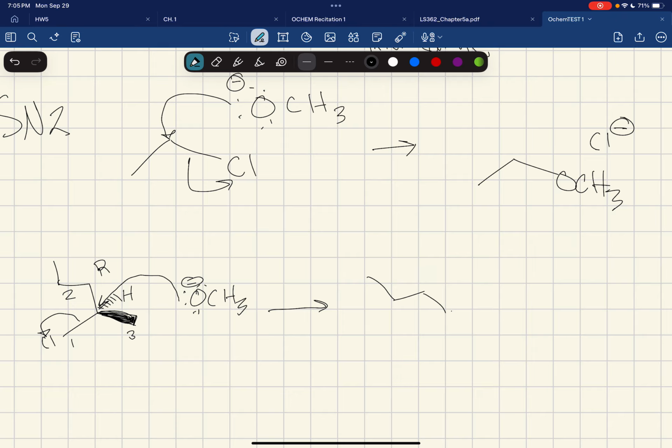What's the easiest way to do this? I think typically the easiest way to do it is if you have one substituent on a dash, one substituent on a wedge, you can just put the nucleophile back where the leaving group was. So I'm just going to do that where this is OCH3.